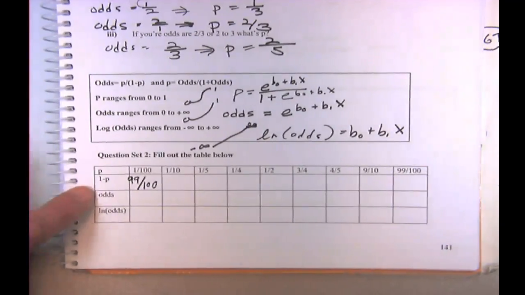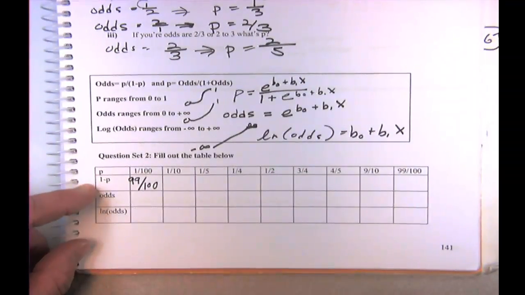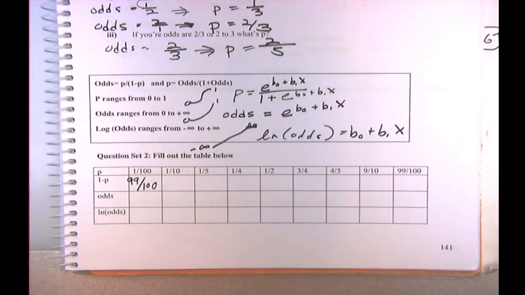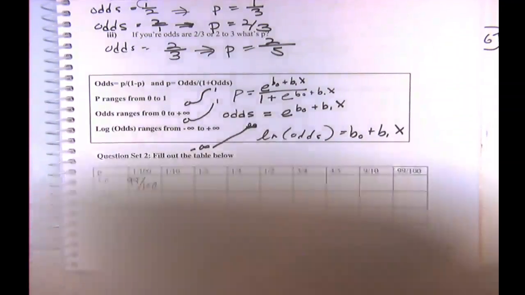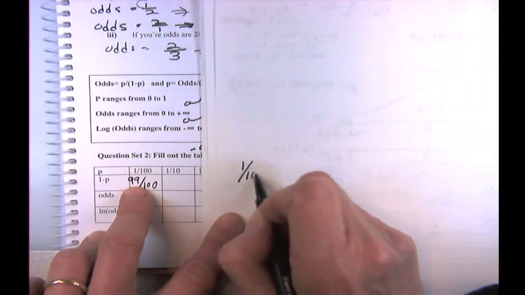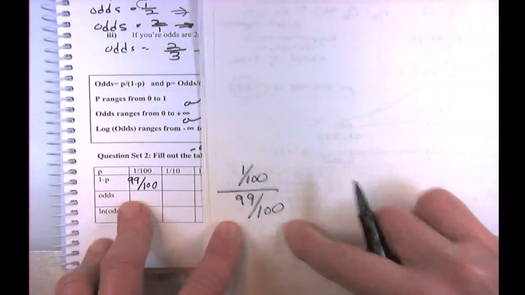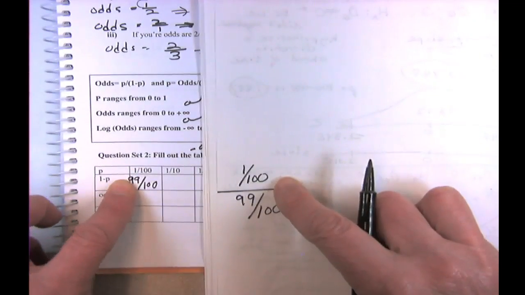Now, what are our odds? Well, we said p over 1 minus p. So you might write it at first as 1 over 100 over 99 over 100. But do you see that's the same thing as just 1 over 99?